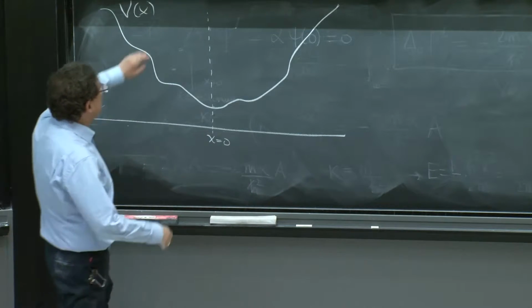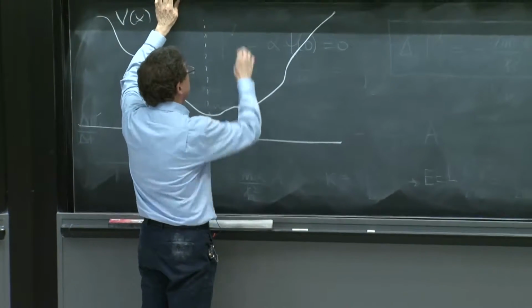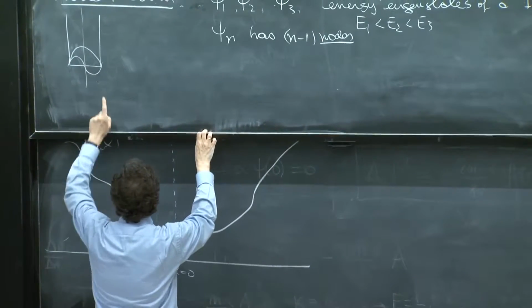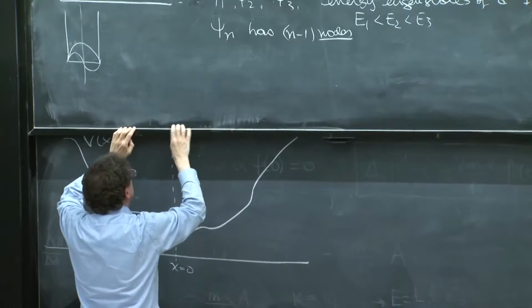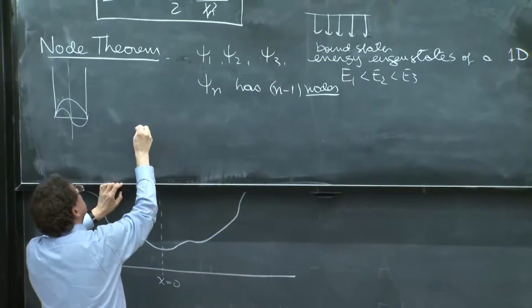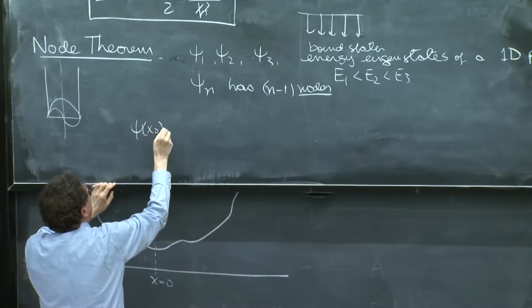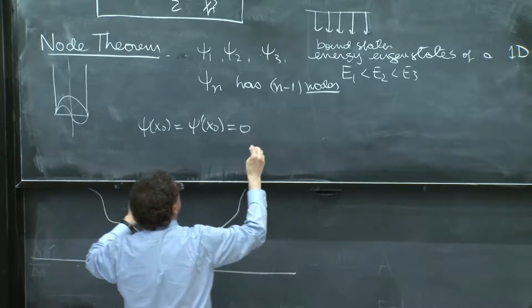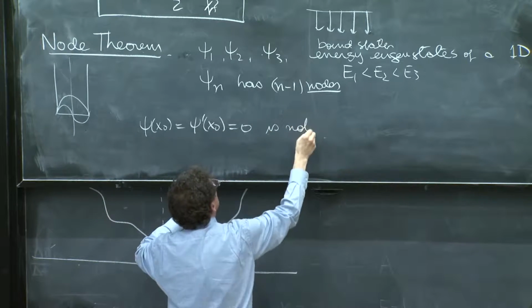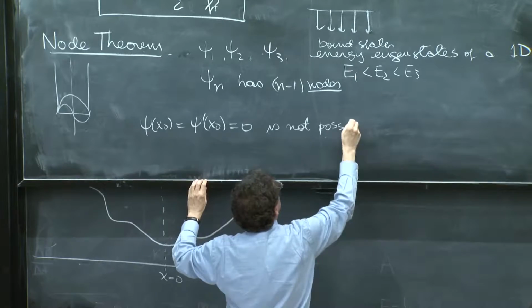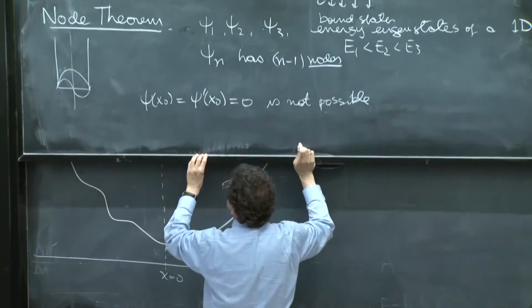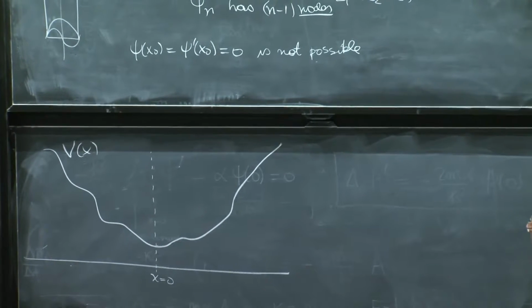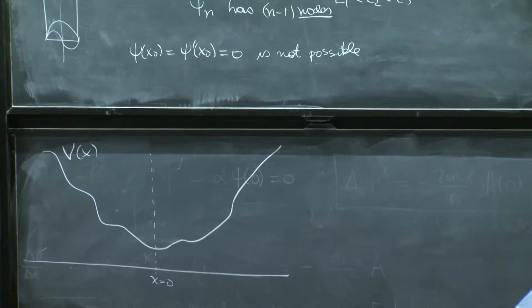Oh, I want to say one more thing. Let me remind you of another fact that I'm going to use. So this is the first thing, that the square well realizes this theorem. And the second is that psi at x naught being equal to 0 and psi prime at x naught being equal to 0 is not possible. The wave function and its derivative cannot vanish at the same point. Please see the notes about this.